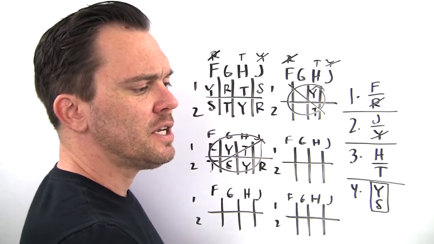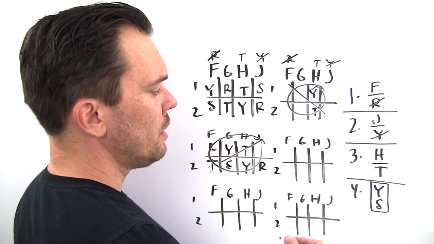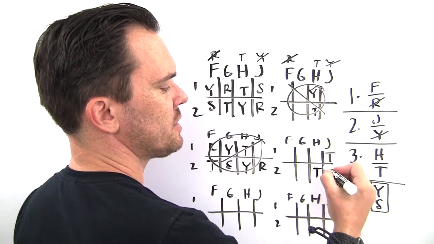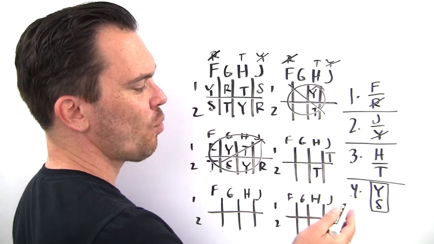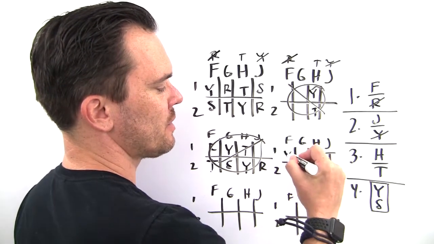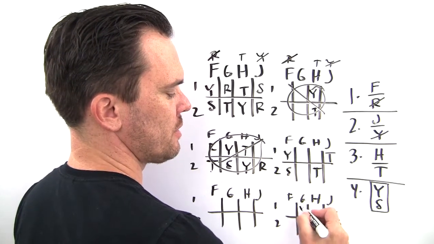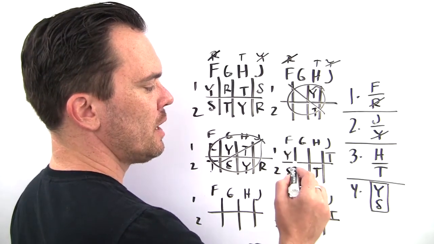Question 17. If T tests J on the first day, what could be true? Okay. If T tests J on the first day, then she tests H on the second day. And now, I've got to have Y and S together, but maybe they're together on F, or maybe they're together on G. All right, I'll take them one at a time.